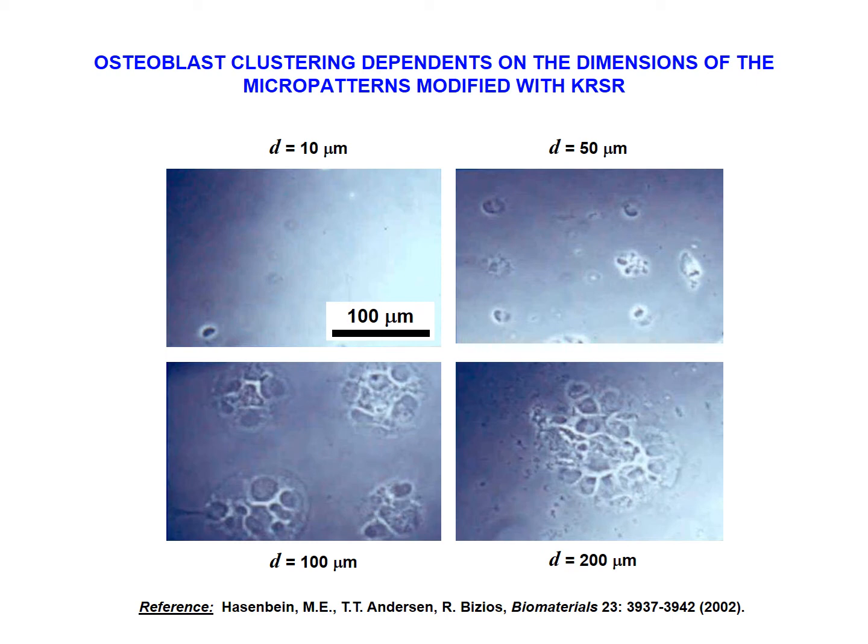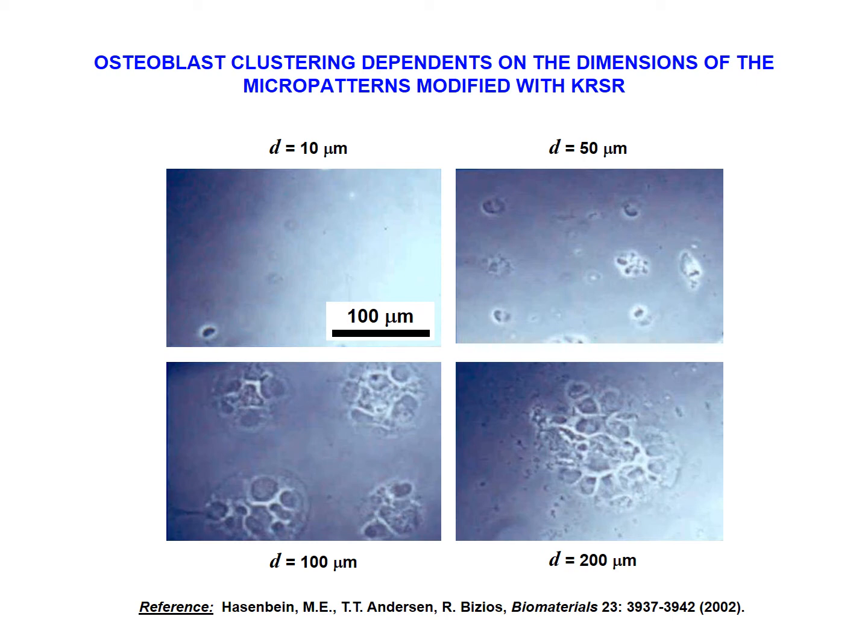Because the visualization procedure could accommodate only one colony when the circles of diameter 200 micrometers were used, we chose to illustrate the results of this study with the patterns which had an internal diameter of 100 micrometers.